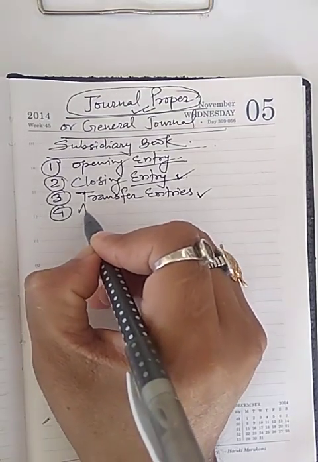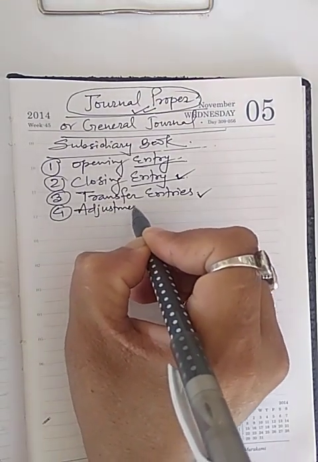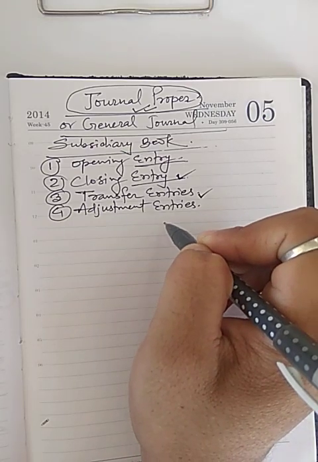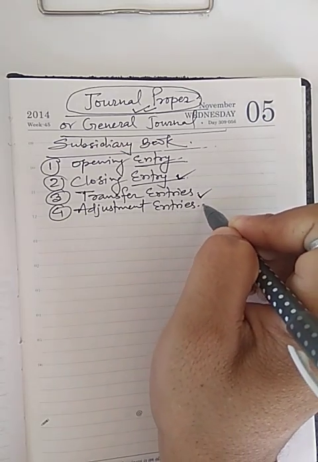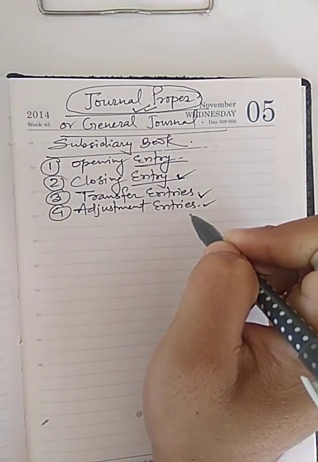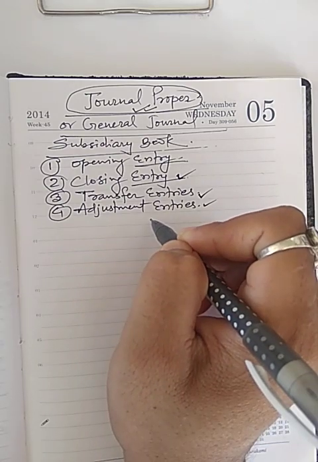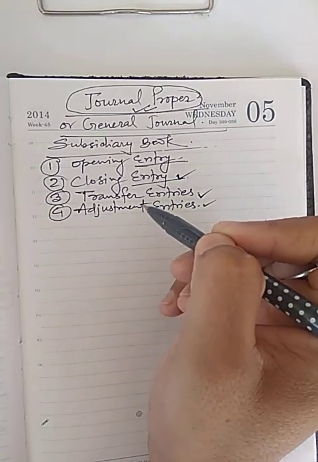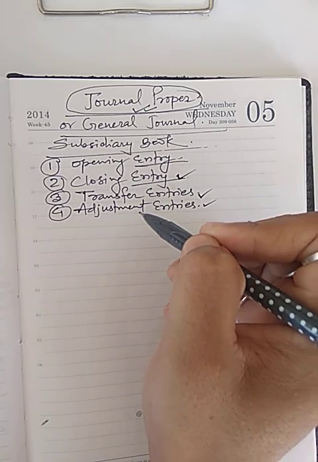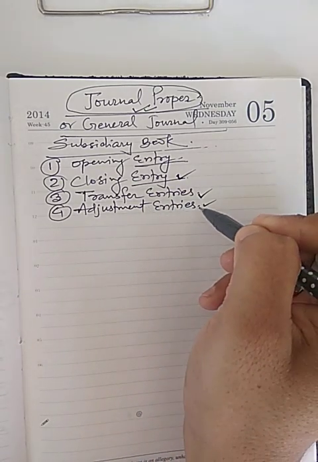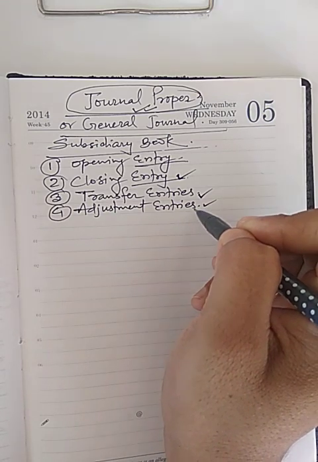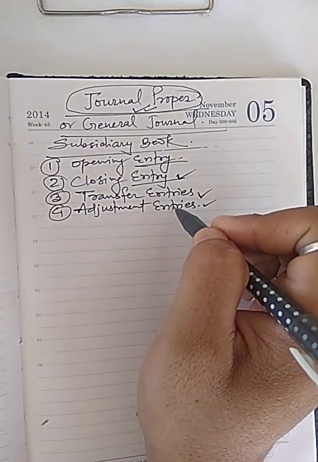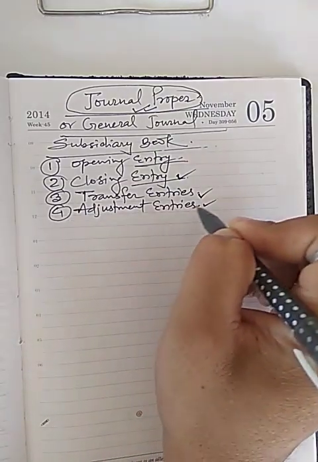Fourth point is adjustment entry. Adjustment entries at the time of preparation of final accounts are needed to record certain unrecorded items such as closing stock, outstanding expenses, prepaid expenses, depreciation on fixed assets, interest on capital, interest on drawings, etc. Entries for these are called adjustment entries.